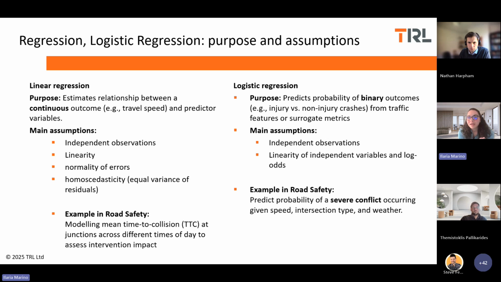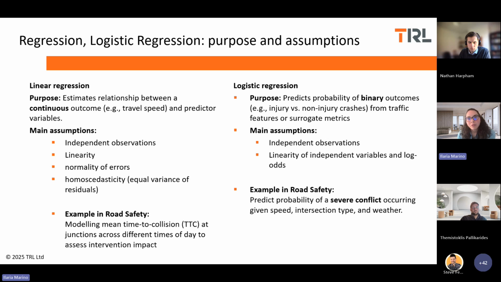We assume linearity, so between the predictor and the outcome variable there is a linear relationship. And also we assume that when we build our model, the part that is not explained, the errors, has normality, and there is no difference in the variance of the residuals.